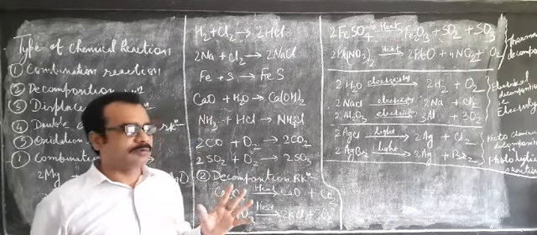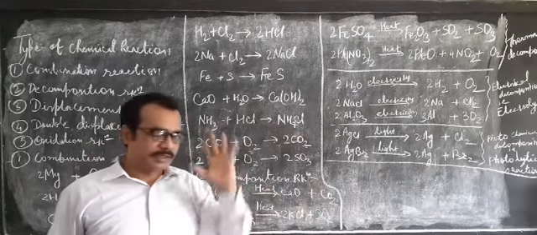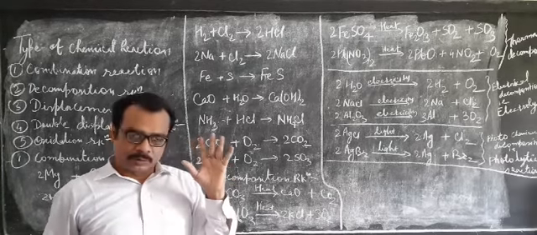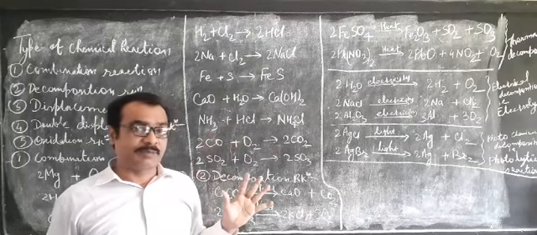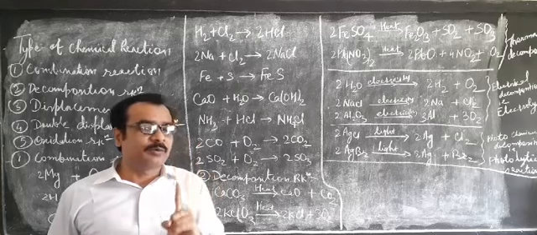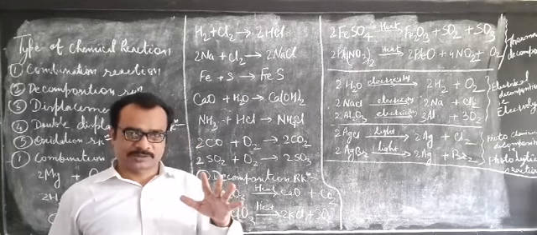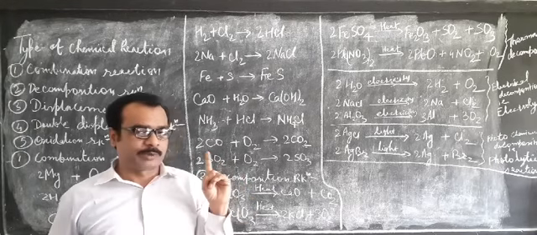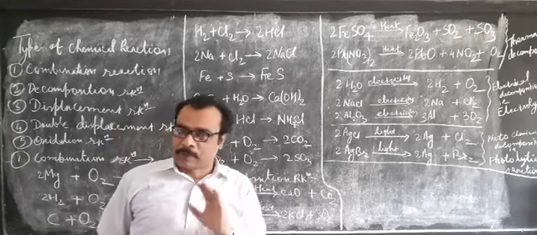That means in a combination reaction, there will be more than one reactant: two reactants, three, four, five reactants. The number of reactants may vary, but the product will remain only one. It may have two or more reactants, but it cannot have more than one product. Such kinds of chemical reactions are known as combination reactions.